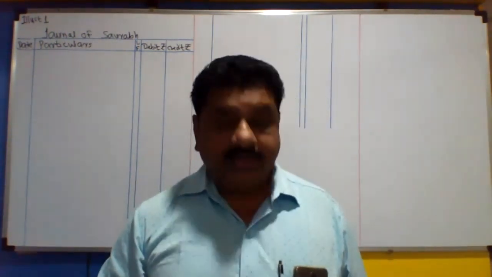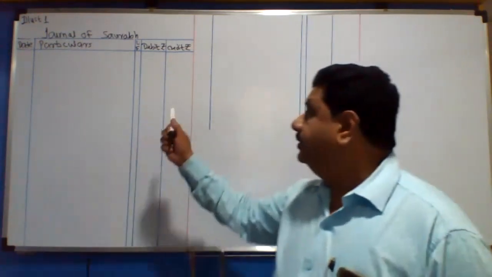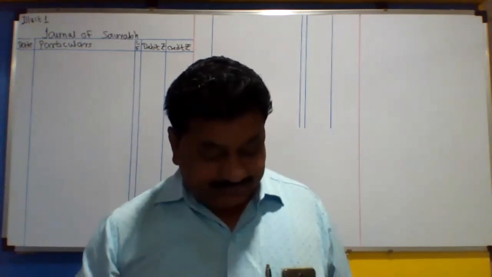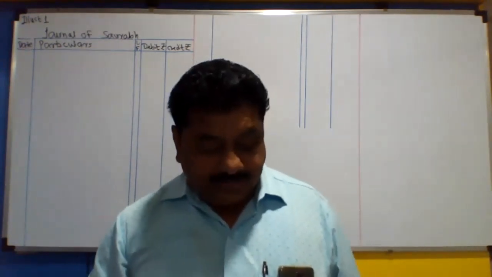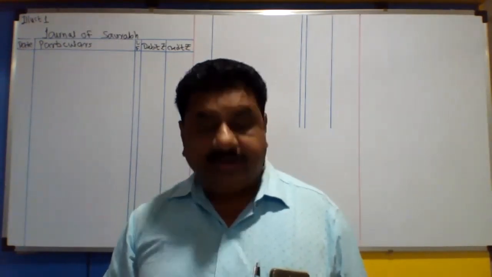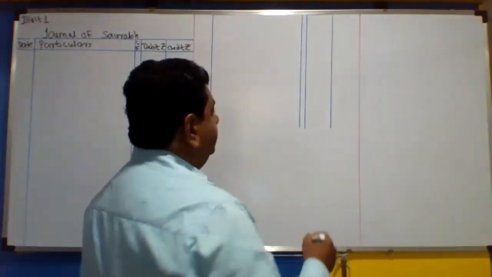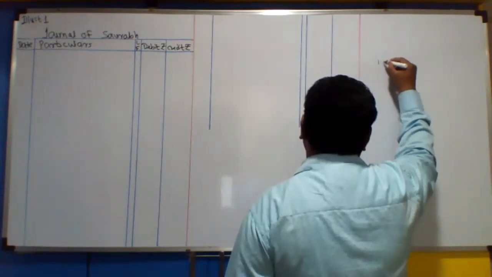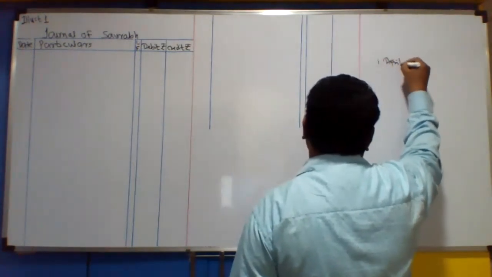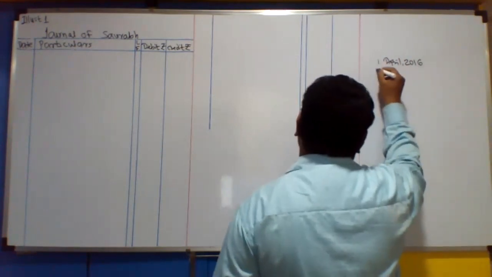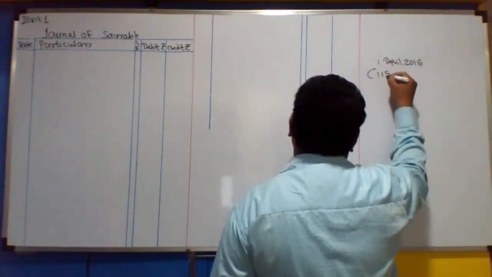So what is given to you? Look at the problem, please. Get ready with a journal. Saurabh bought a machinery costing 1,15,000 on 1st April 2016. That is the basic price.